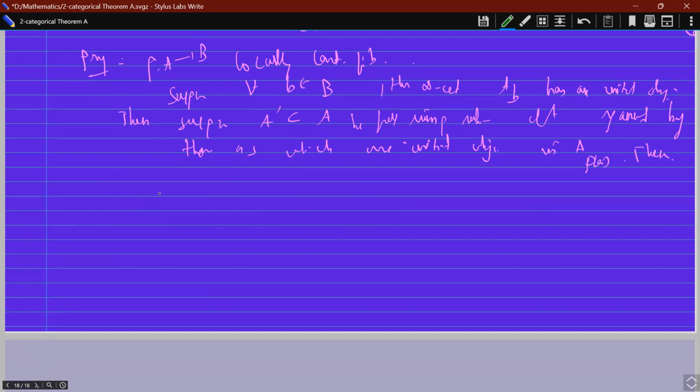Then if you restrict to the subset that you have, it's a trivial fibration.